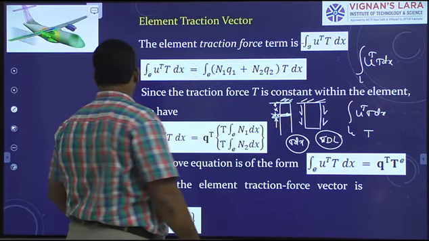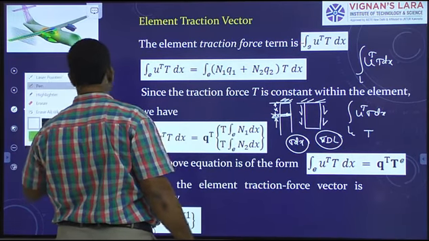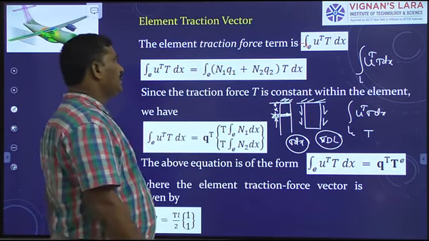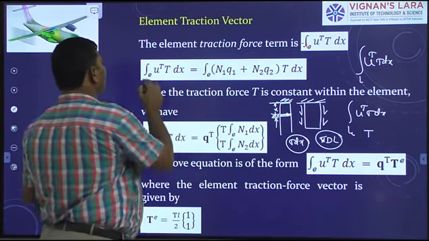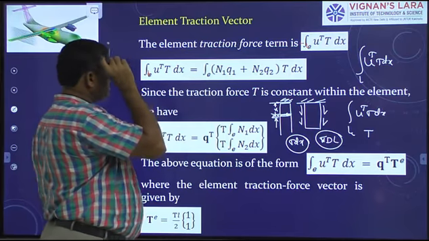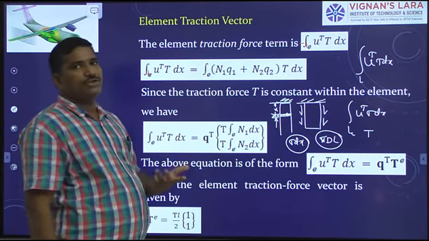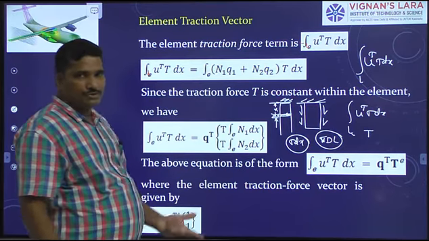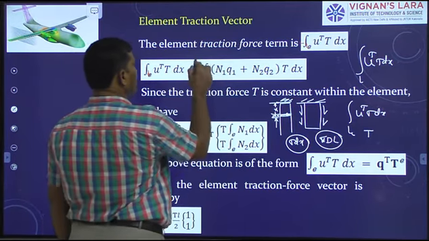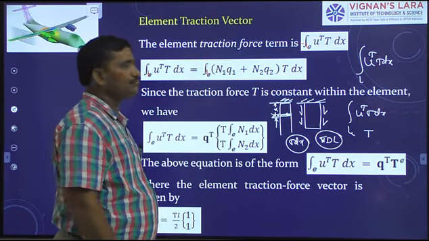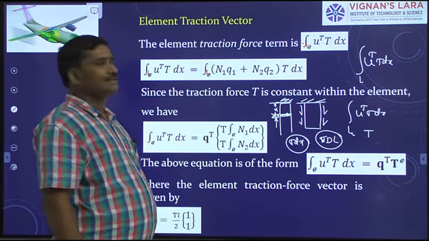Now, the integral over the length of the element, when you consider an element, of U transpose T into dx equals, again, we know that U equals N1 Q1 plus N2 Q2. Hence, the integral over the length of the element of N1 Q1 plus N2 Q2 into T dx.